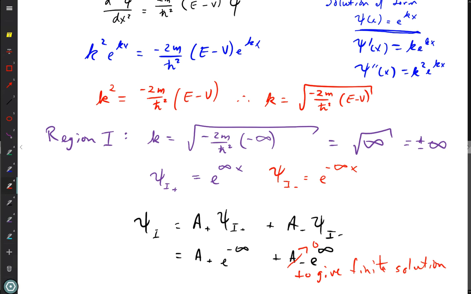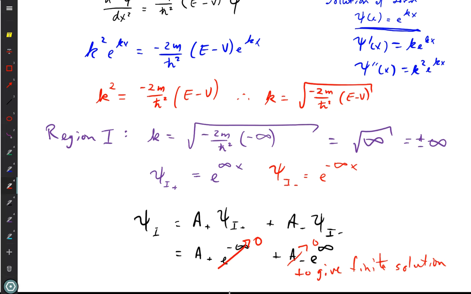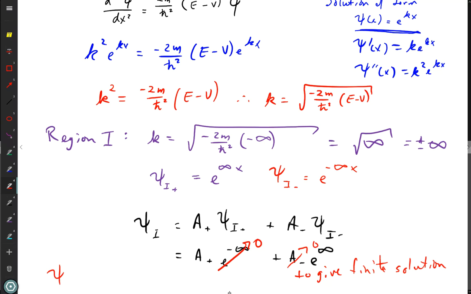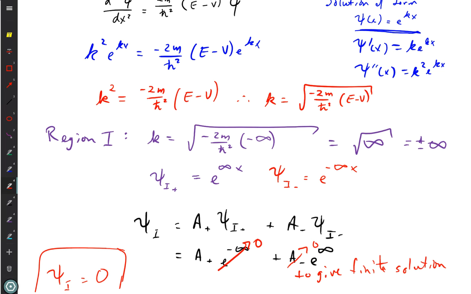And of course, what's e to the minus infinity? 0. So this term just goes to 0. And as a result, what is psi 1? Now, does that make sense? Where did you get the A's from? Those were just random constants.